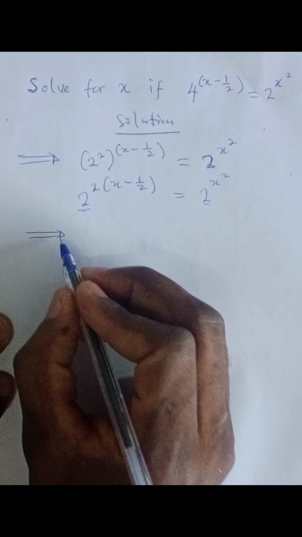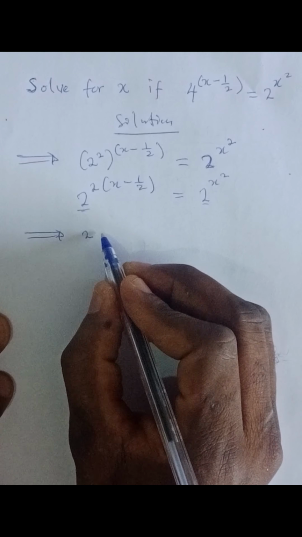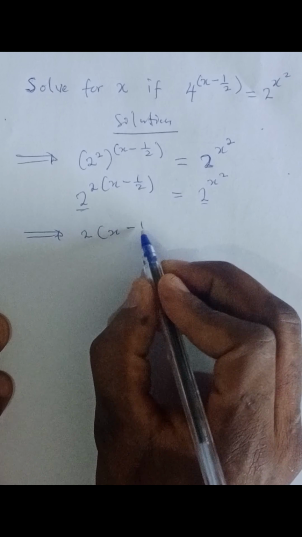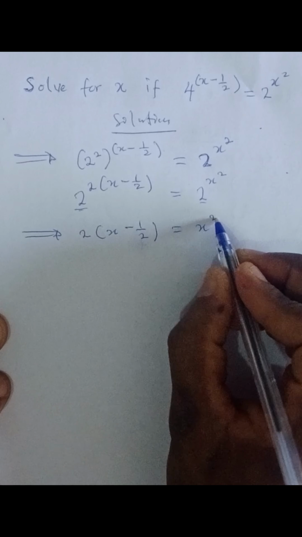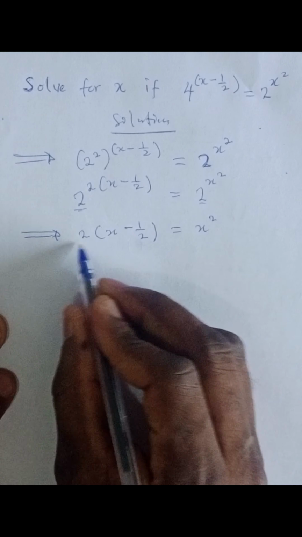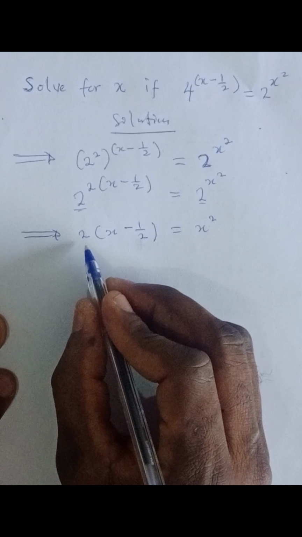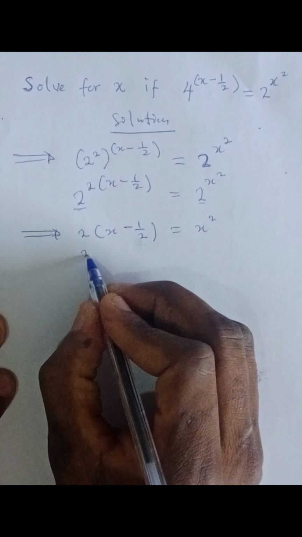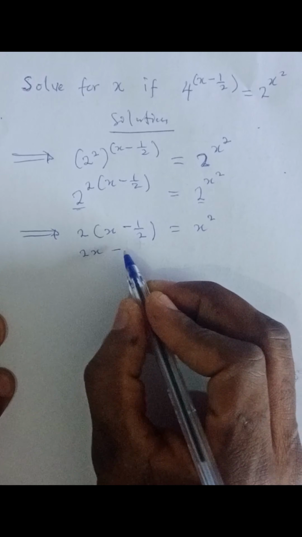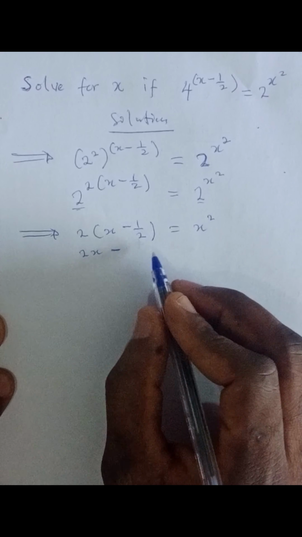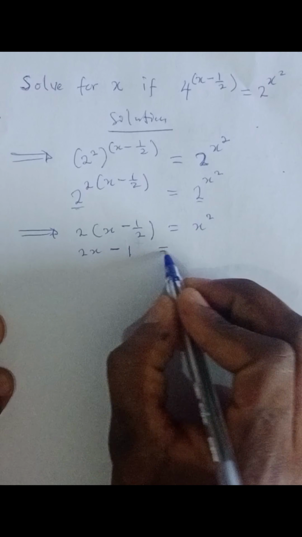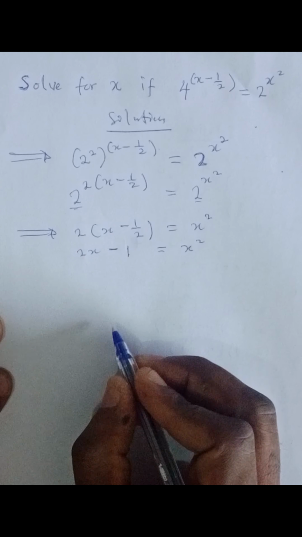So it implies that we're going to have 2 times (x minus 1/2) equals x squared. Okay, so let's expand this. 2 multiplied by x will give us 2x, minus 2 multiplied by 1/2. 2 will cancel 2, right? So we have 1, which is equal to x squared.